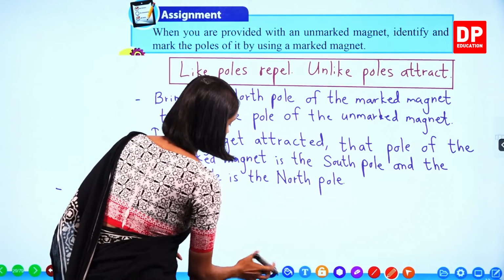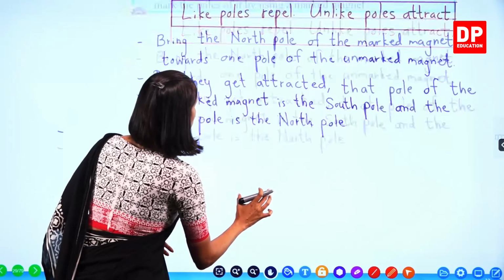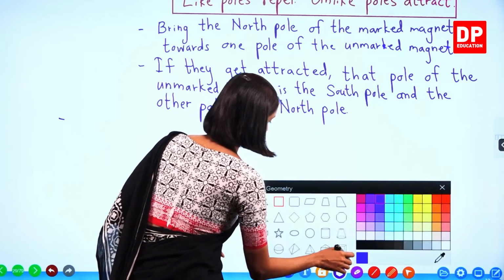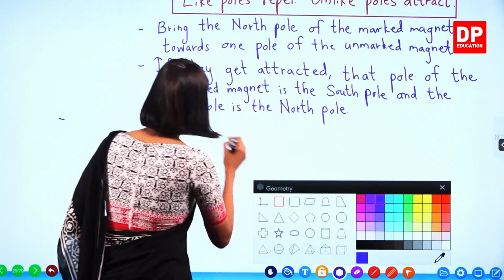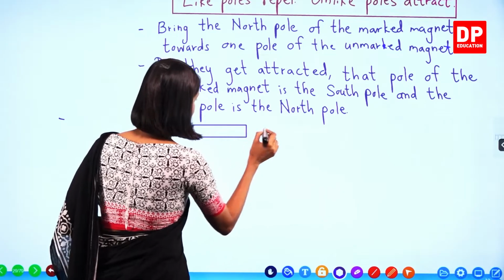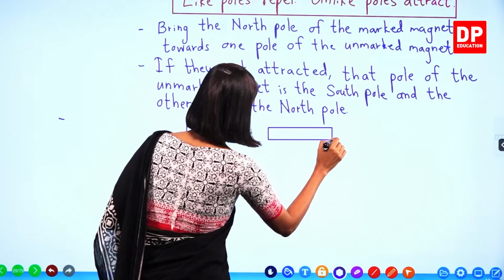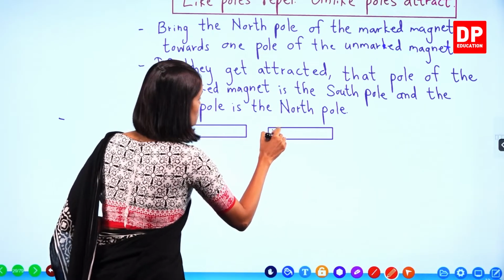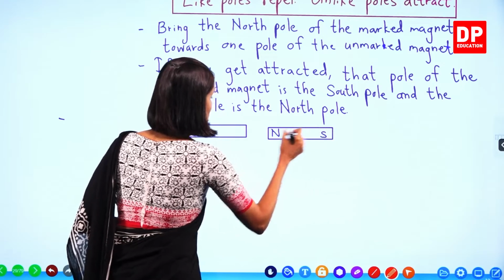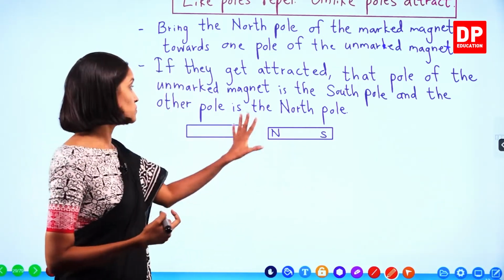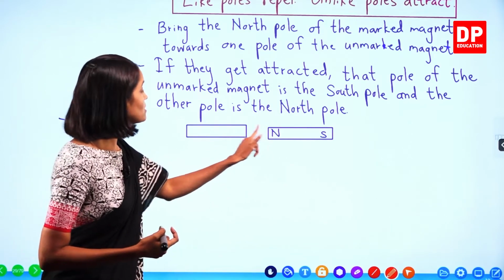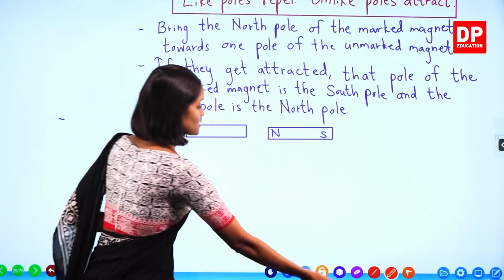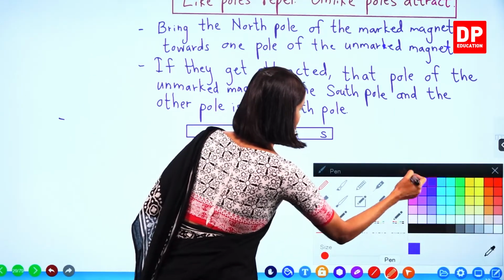I will simply draw a diagram to understand this better. So we have two magnets like this. This is the marked magnet, so we know that this is north and south. This is our unmarked magnet, so we don't know the sides. When we bring one pole of this towards the north pole, if they get attracted, I will show attraction with arrows like this.